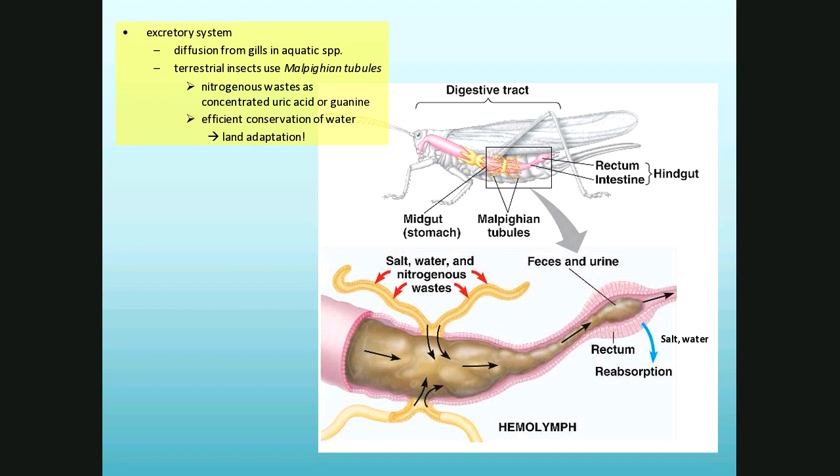A little bit later down in the rectum, there's a mechanism by which reabsorption of the important stuff, the salt and water, occurs, so that only the nitrogenous waste and, of course, the fecal material is gone. This here at the end again is an adaptation for living on land, right? Efficient conservation of water.